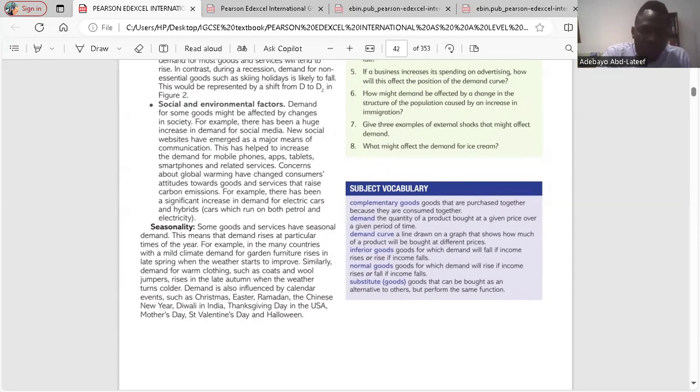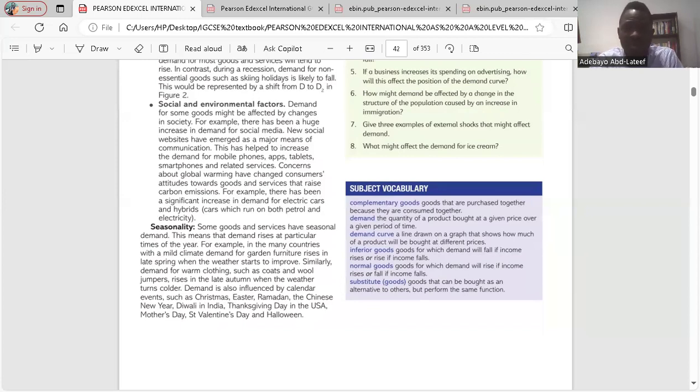Then we have the last one, I think. Seasonality. Some goods and services have seasonal demand. This means that demand rises at particular times of the year. For example, in many countries with a mild climate, demand for garden furniture rises in late spring when the weather starts to improve.